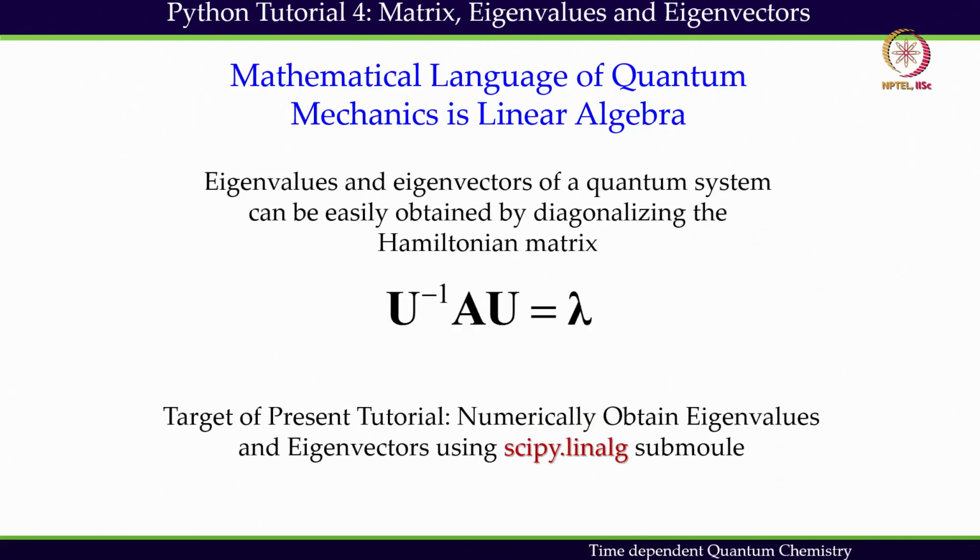We have also realized in the same module 4 of this course, where we have shown the connection between linear algebra and quantum mechanics, that the eigenvalues and eigenvectors of a quantum system can be easily obtained by diagonalizing the Hamiltonian matrix.